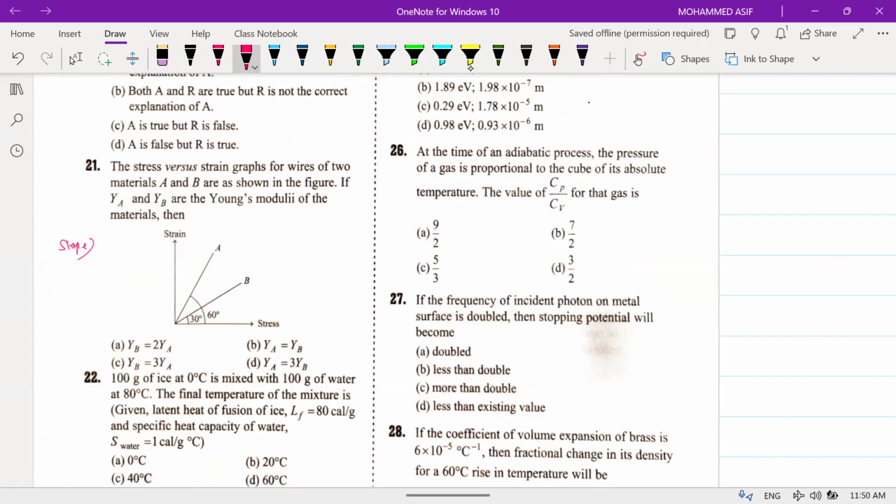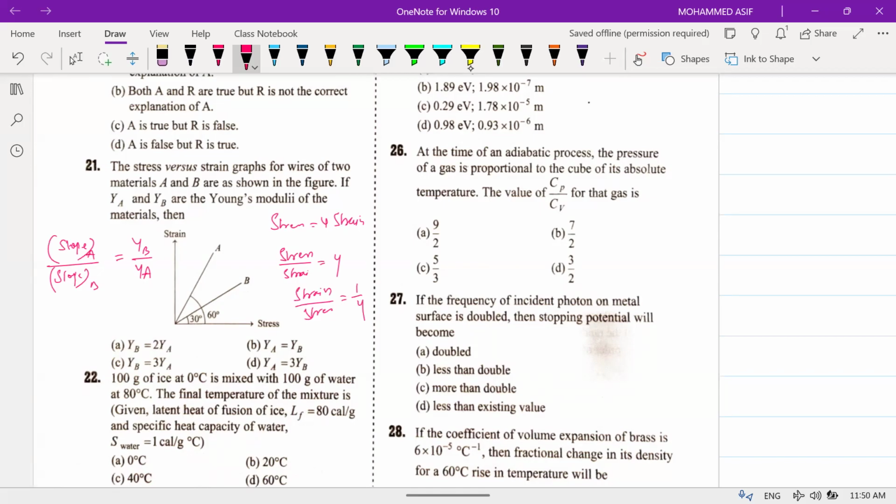Slope of A divided by slope of B will give the Young's modulus of B divided by Young's modulus of A. Because stress is equal to Y into strain, so stress divided by strain is equal to Y. But what is given in the problem is strain divided by stress, the opposite. That is the reason it is 1 by Y, but not Y. That is the only difference you need to remember.